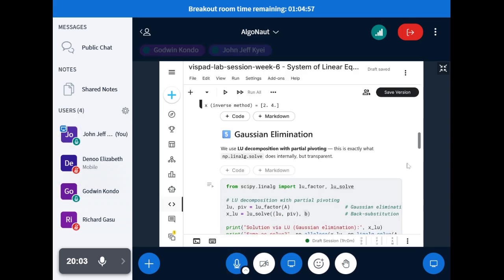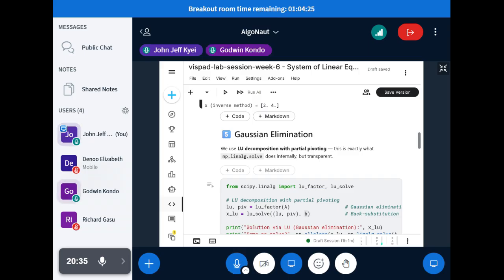Okay. So there's another approach, the Gaussian elimination, which is essentially LU decomposition with partial pivoting. LU stands for lower upper. It divides our matrix into a lower triangle and an upper triangle and decomposes them, and then applies some pivoting to solve for x and y to solve the system.